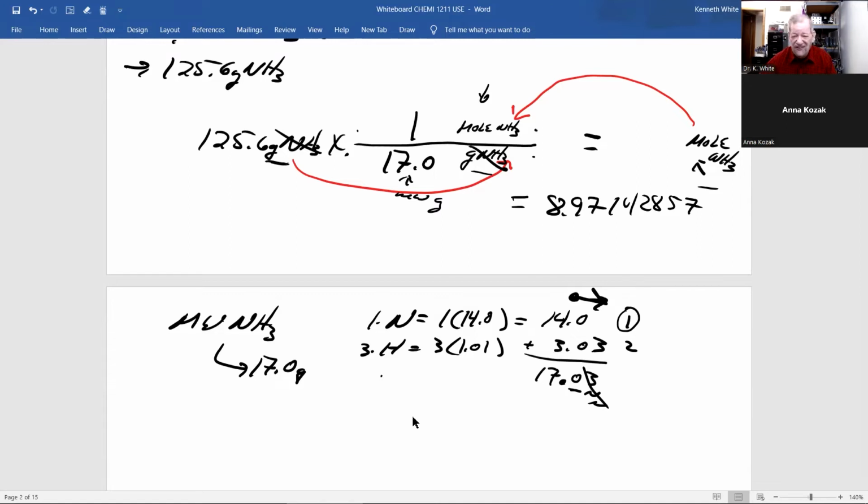And that's a lot of significant figures. Remember, when you're multiplying or dividing, you have the same number of significant figures in your answer as the number you're multiplying or dividing that has the fewest significant figures. This number has 4 significant figures. Remember, every non-zero number is significant. This number, 17.0, the 0 at the end after a decimal is significant, has 3 significant figures. Therefore, this is the lowest number. We need to round this off to 3 significant figures.